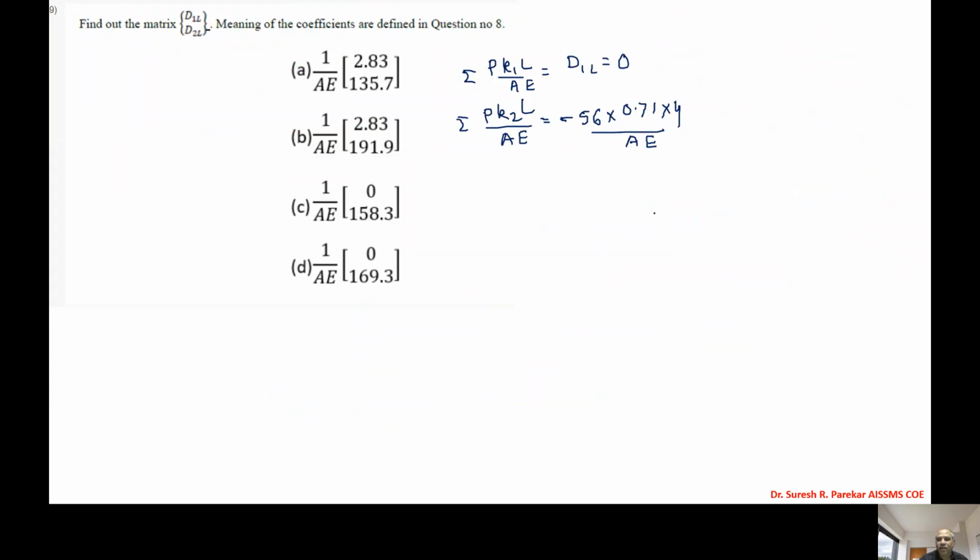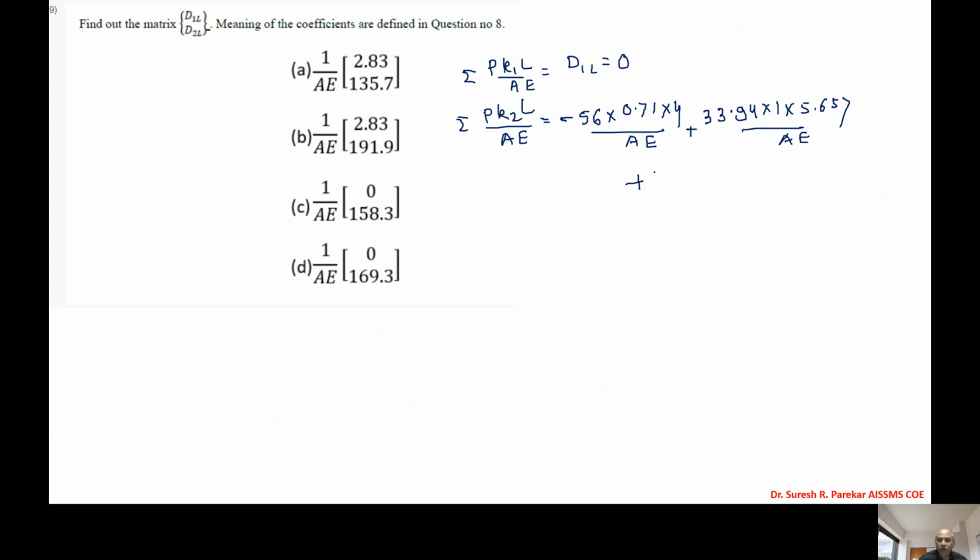So plus 33.94 into 1 into length 5.657 upon AE.